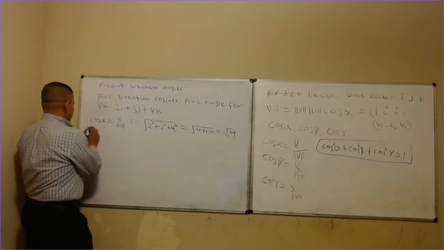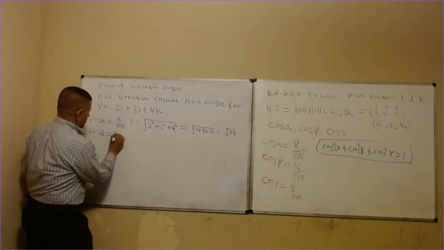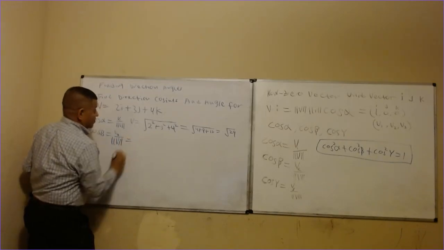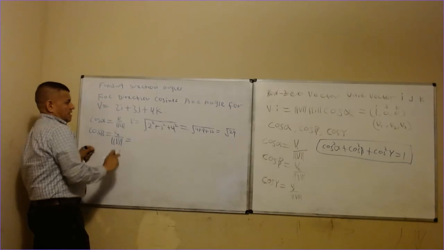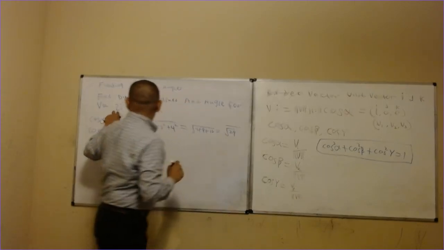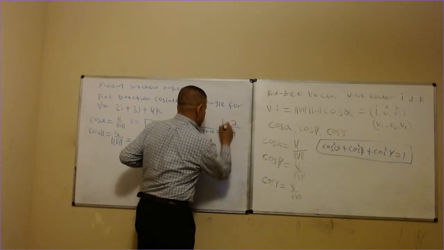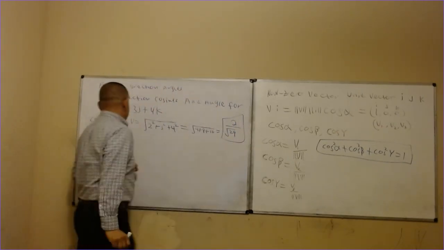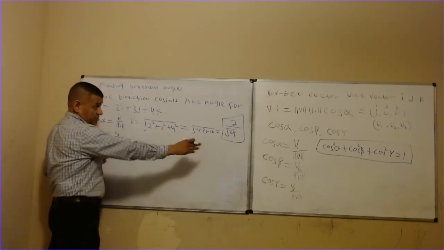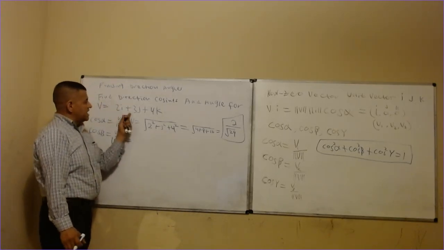Okay, the same thing with cosine of beta, which is equal to v2 over the magnitude of v. In this case, I will just put in the value. For this one, the magnitude is going to stay the same, because it is not going to change.